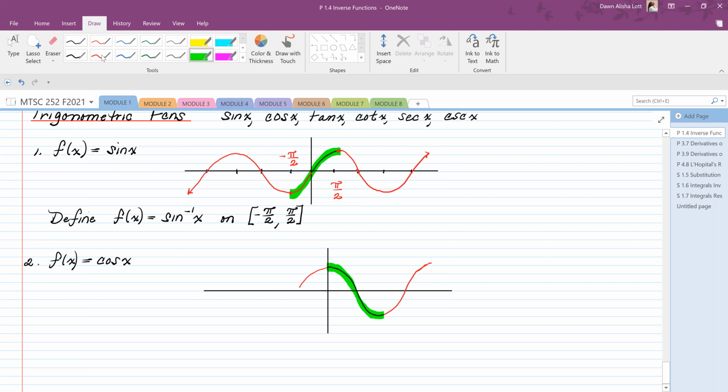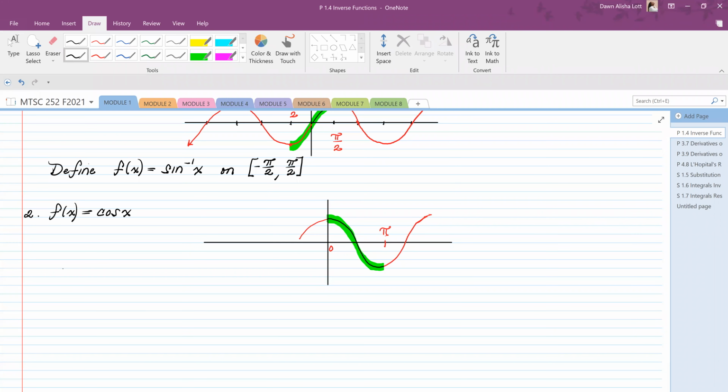So we're going to restrict the cosine between 0 and pi. All right, so now we want to define f of x equal to the cosine inverse of x.